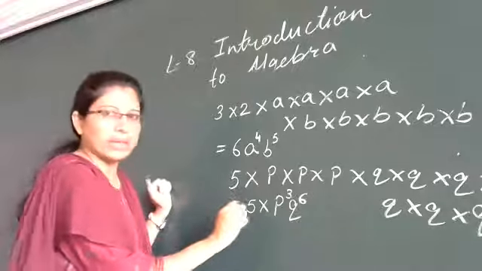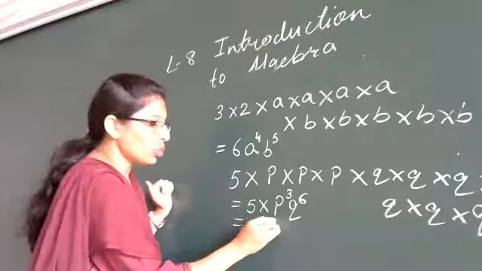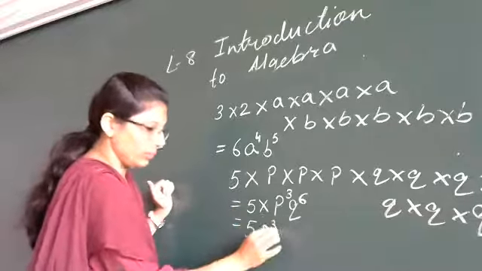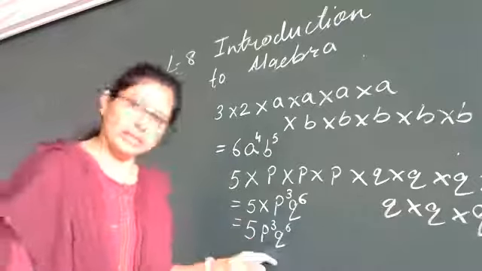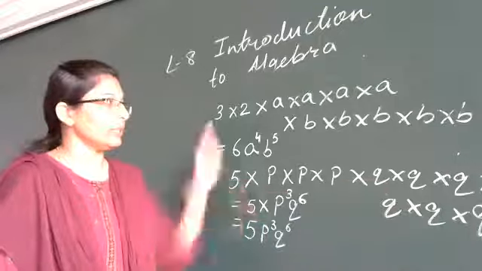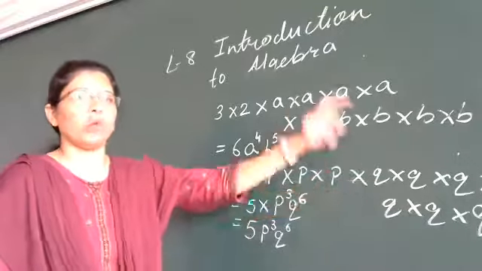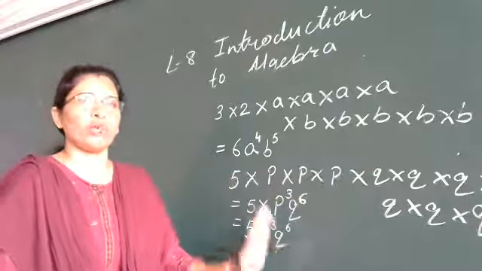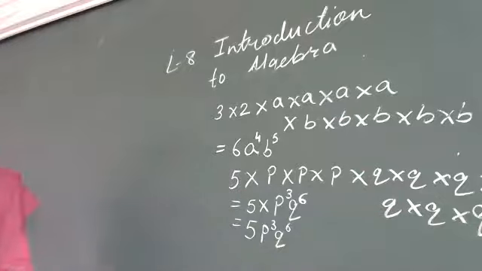We can remove the multiplication sign also. So 5 p cube q raised to 6. Understood how to write this if it is given in multiplication form, the exponential form? All understood?